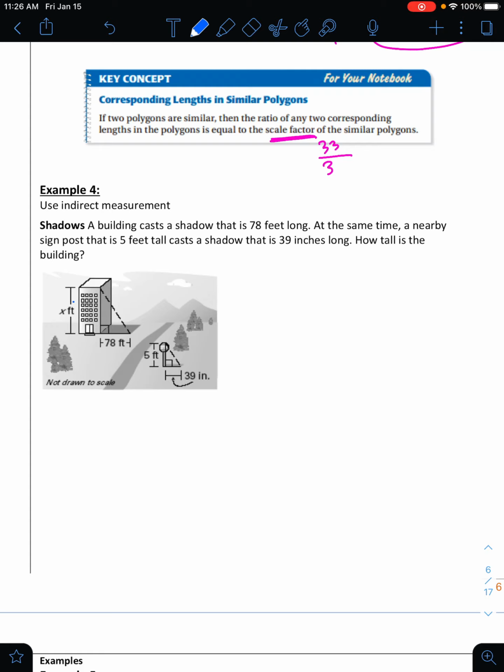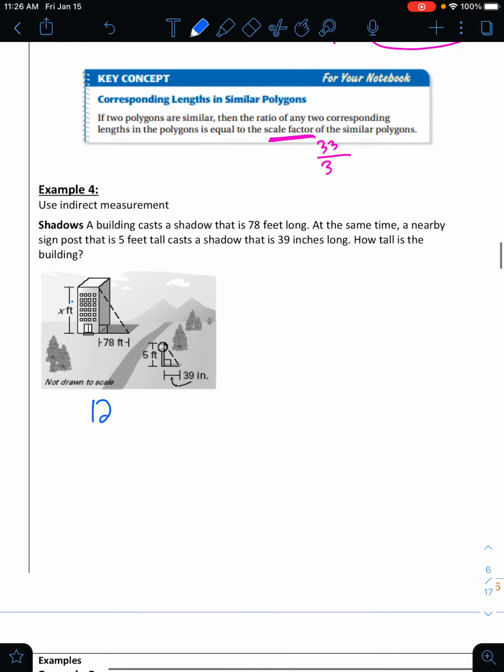So I think I'm going to change my 39 inches into feet. If there are 12 inches in 1 foot, I need to go from inches to feet, so I need to divide my 39 by 12.